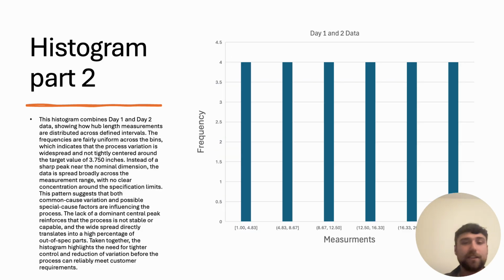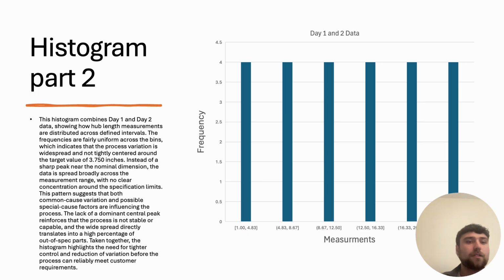Moving on from that, this is my histogram for part 2. This histogram combines day 1 and day 2 data, showing how hub length measurements are distributed across defined intervals.